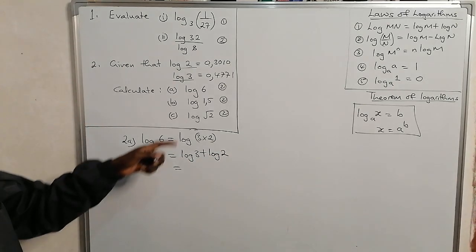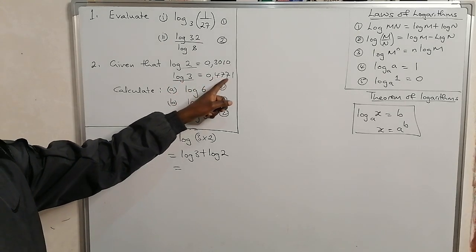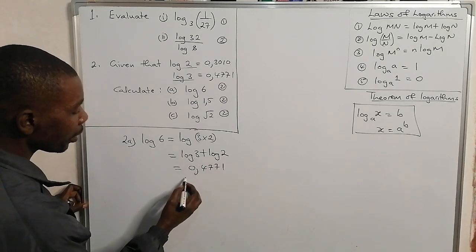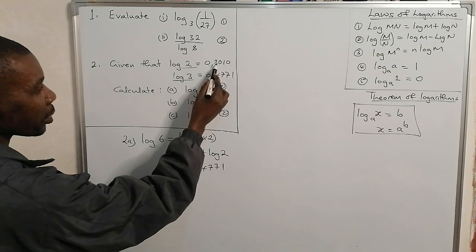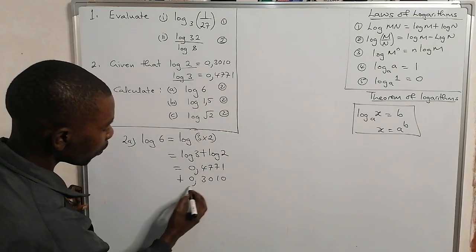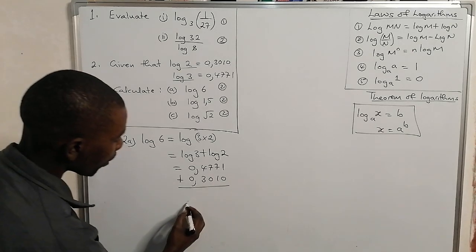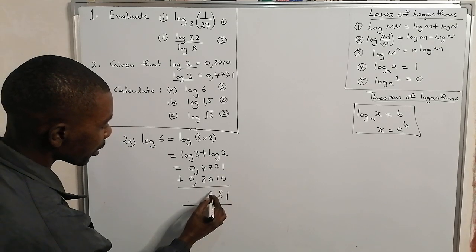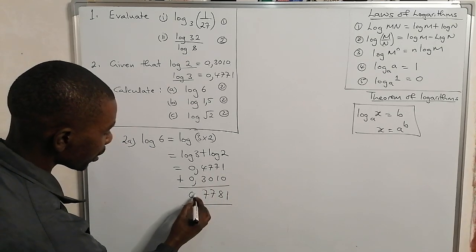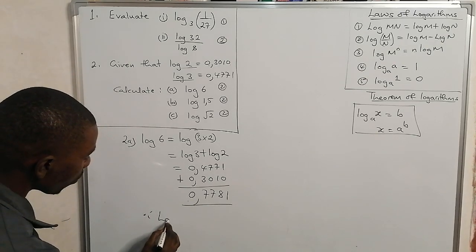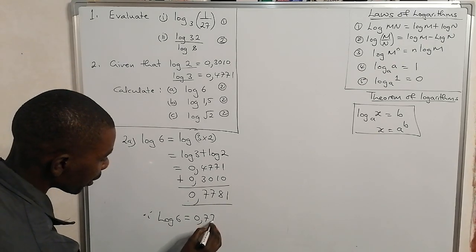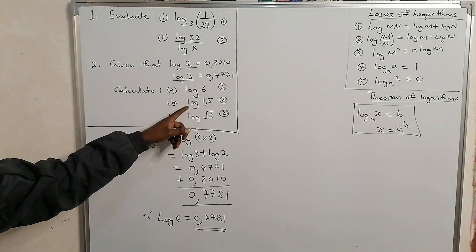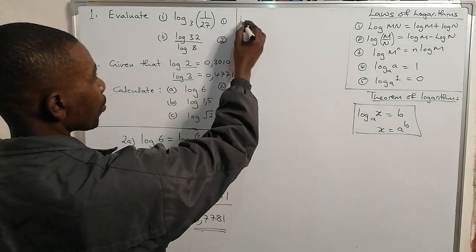Now since log 3 is equivalent to 0.4771, we can substitute 0.4771 for log 3, plus 0.3010 for log 2. Now we add here: 1 plus 0 is 1, 7 plus 1, 8, 7 plus 0, 4 plus 3, 0 plus 0. Therefore, log 6 is the same as 0.7781.